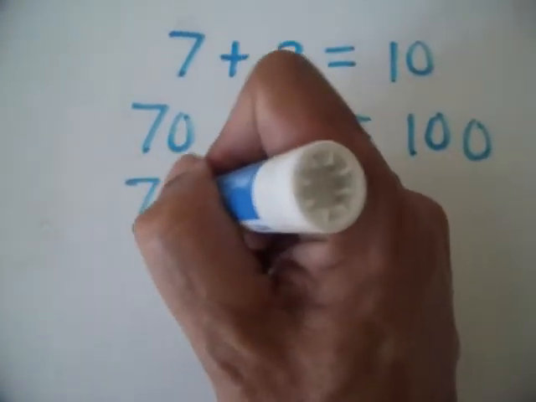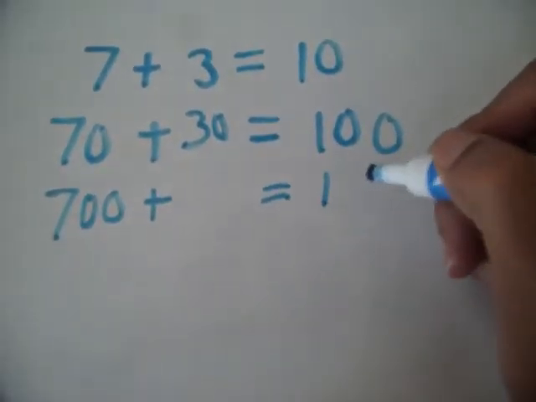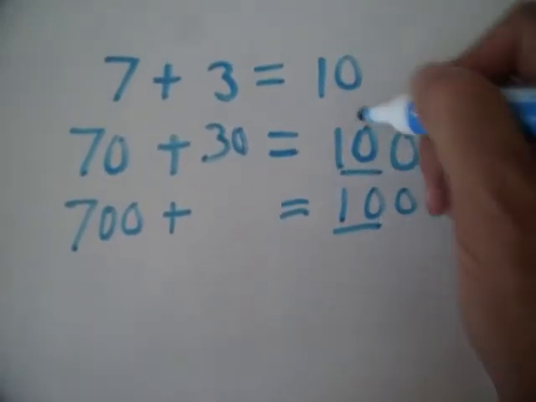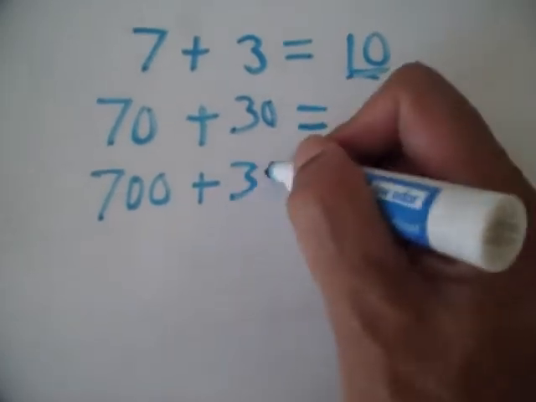How about 700 plus how many is going to be 1,000? But it's still just 10. We're still just playing around with 10. See the 10s? And they can see the patterning. Oh, then it must be 300.